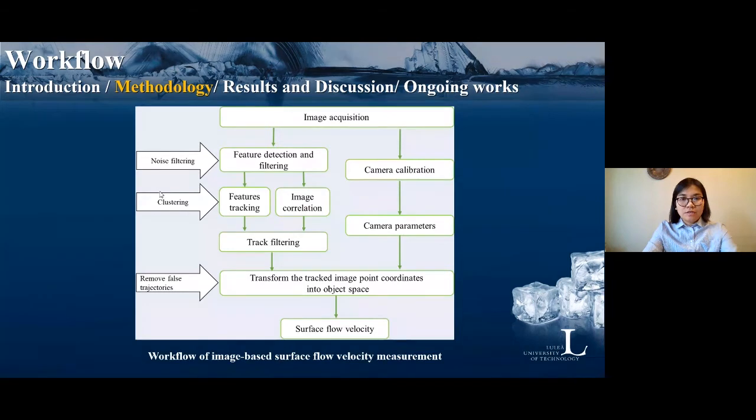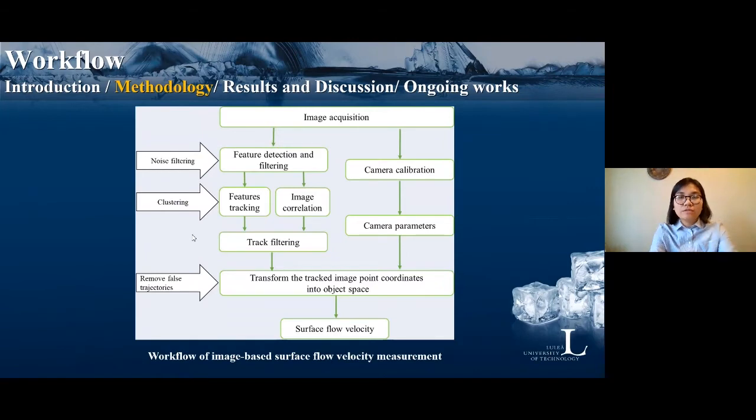The final tracks are georeferenced to find the coordinates of a particle in object space. And finally, the surface velocity of each particle will be found by its movement, the lag time between one frame and the next frame.